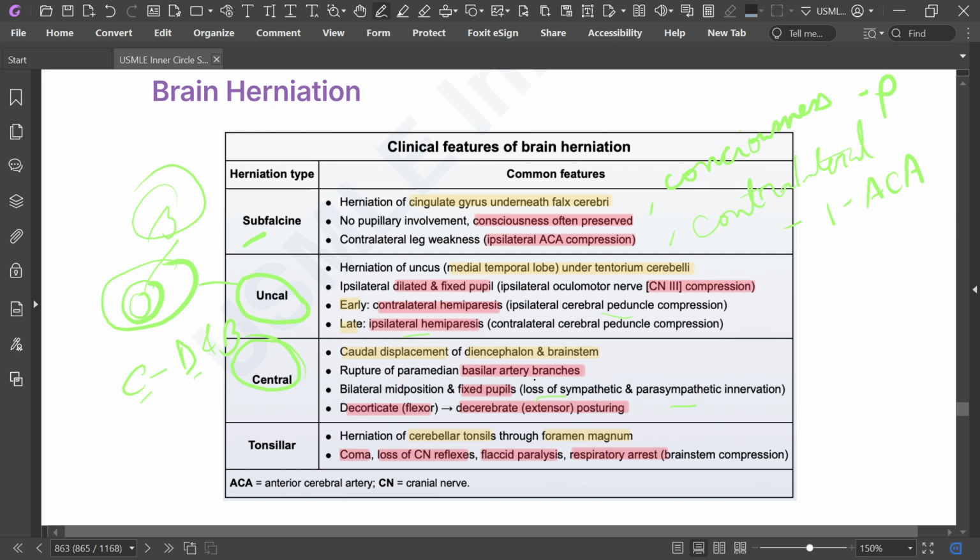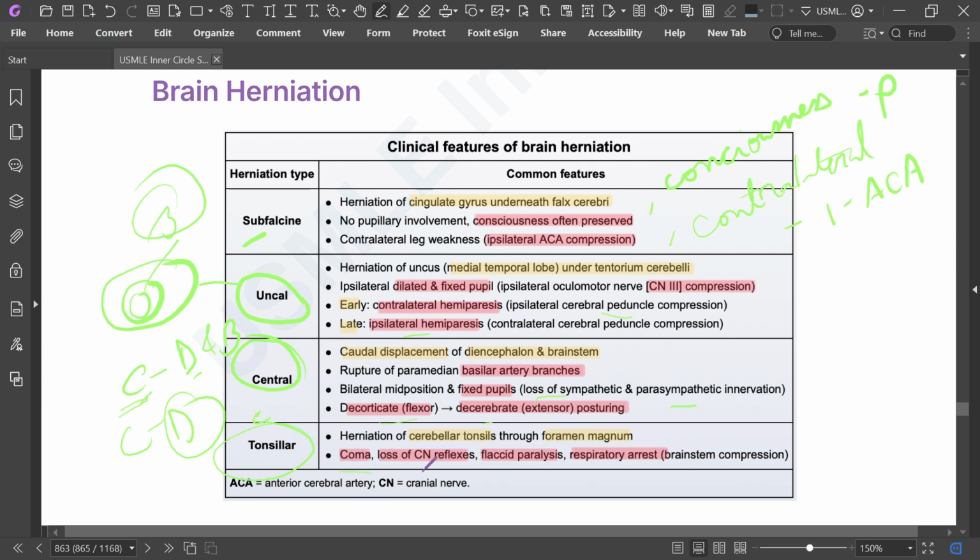There are bilateral mid-position fixed pupils and caudal displacement comes with decorticate and decerebrate posturing. Decorticate is flexor posturing. Decerebrate is extensor posturing. There is rupture of the paramedian basilar artery branches, and finally the tonsillar herniation, herniation of the cerebellar tonsil through the foramen magnum.